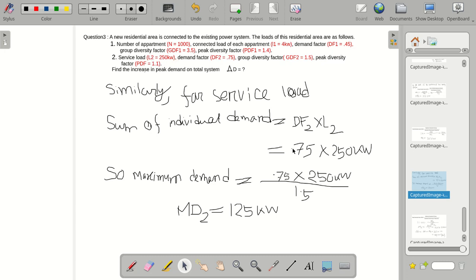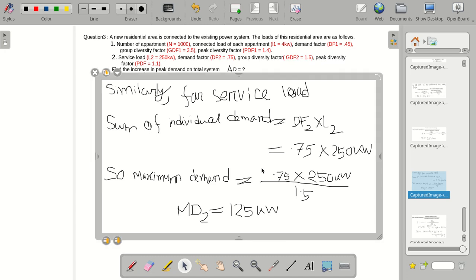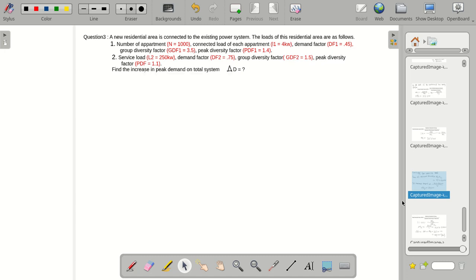The maximum demand should be this amount divided by the diversity factor. So MD2 is equal to 0.75 into 250 kilowatt divided by 1.5, which is the diversity factor of this group of load. So MD2 is equal to 125 kilowatt. The maximum demand of this service load is 125 kilowatt.